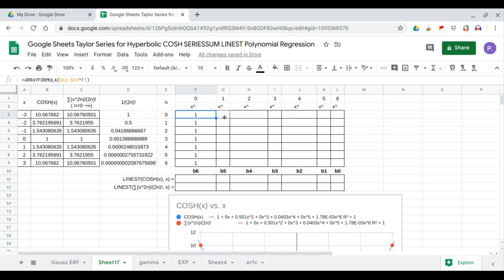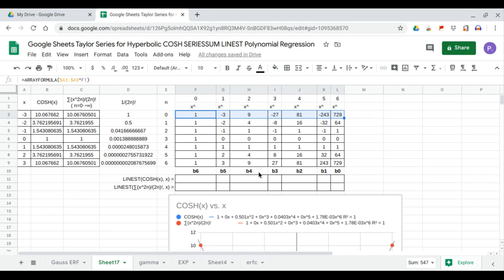And this will be the x column, which matches to our x values. Then this will be the x squared column, the x cubed column, the x to the fourth column, x to the fifth column, and x to the sixth column.